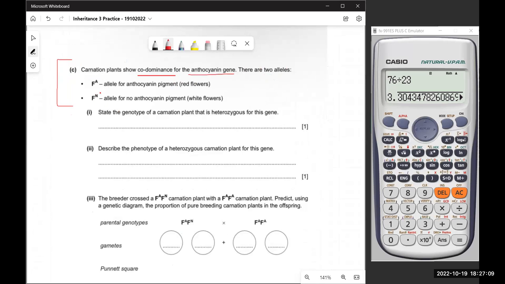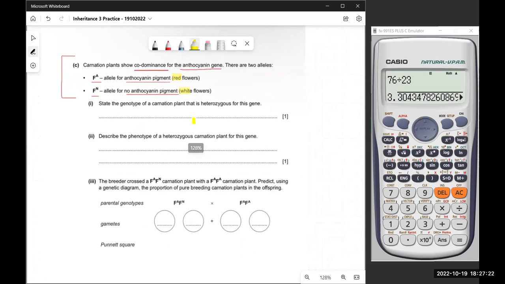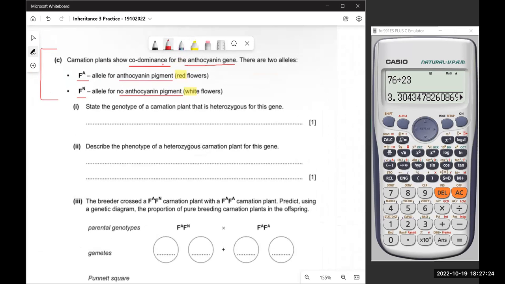There are two alleles: capital F A allele for anthocyanin pigments, red flowers, and capital F N allele for no anthocyanin pigments, white flowers. State the genotype of a carnation plant that is heterozygous for this gene.